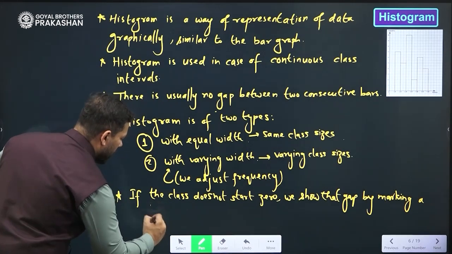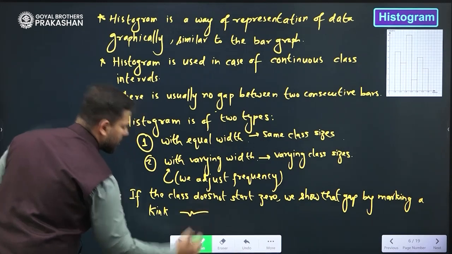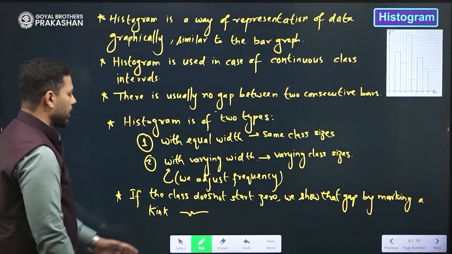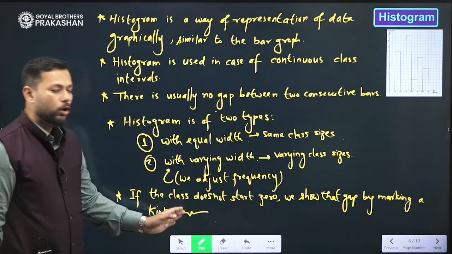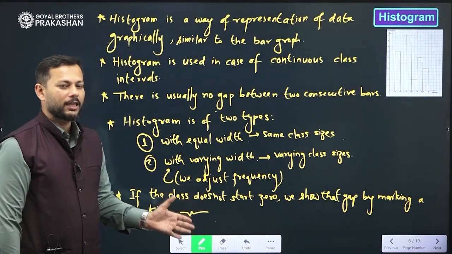What do we mark? We mark a kink that looks like this. Okay, this is very important. This kink is used to mark the gap or the numbers which are not there in the class interval.